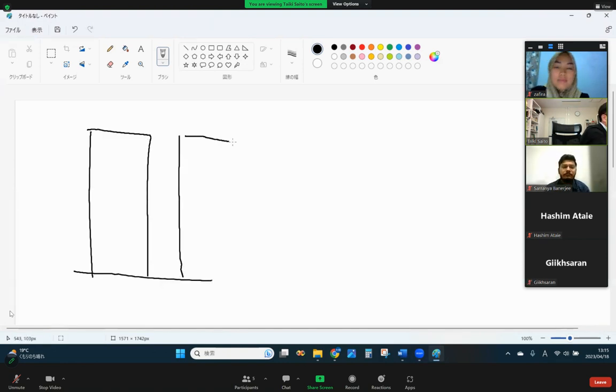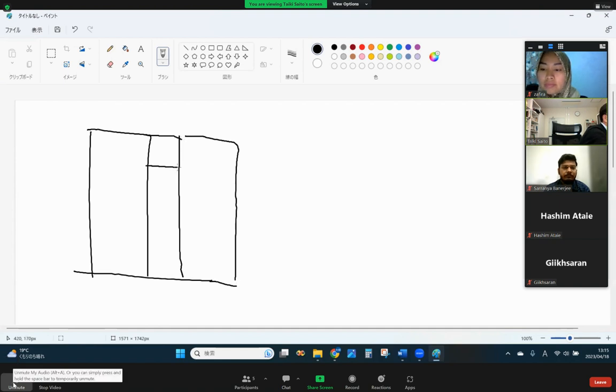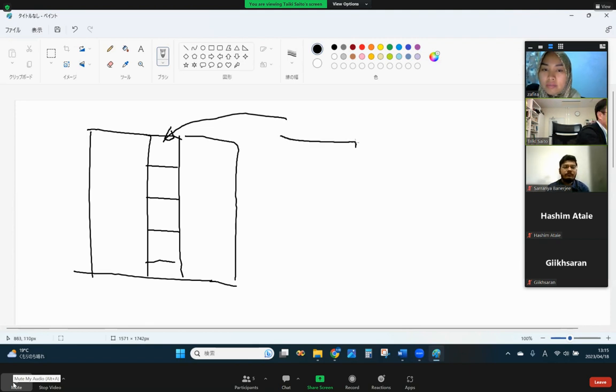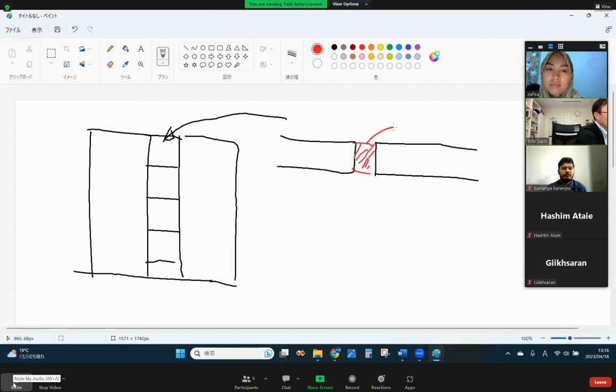So this is a coupling wall, and the beam here is a coupling beam. But we want to put some damper here. Before it was a hysteresis damper, and now we want to introduce viscoelastic, right?